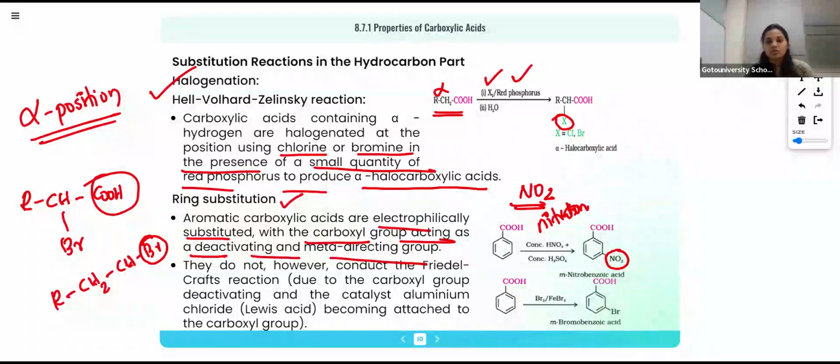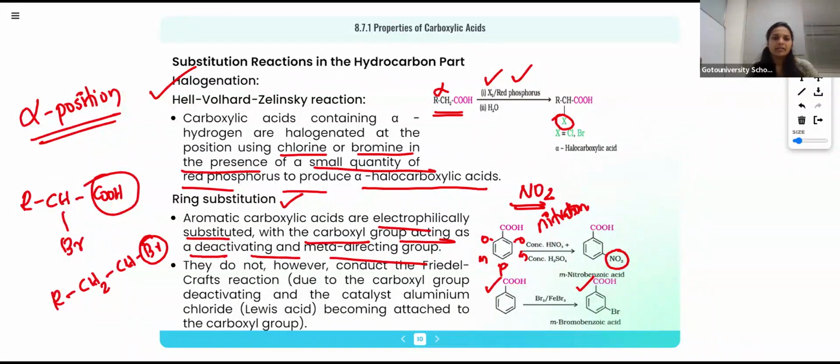What are the ortho, meta and para positions? You know, right? The position near to the functional group is called ortho. This is the ortho position, this is the meta position, this is the para position. Here the reaction takes place at the meta position. The same thing if you want to substitute with a halogen: halogenation occurs at the meta position itself.